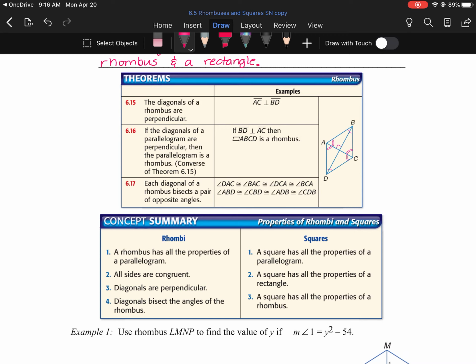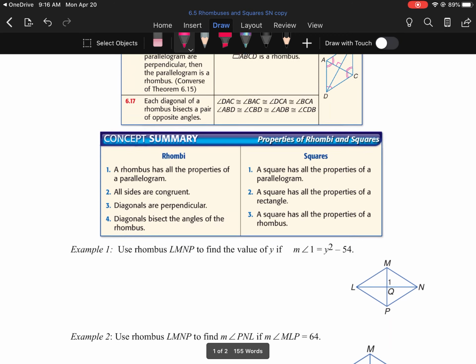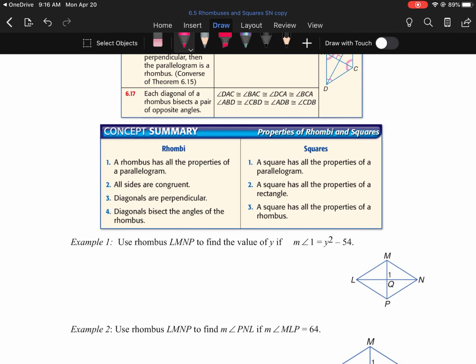This chart is pretty handy because it's telling you some properties about rhombi, which is the plural for rhombus, and squares. So a rhombus has all the properties of a parallelogram. All sides are congruent. Diagonals are perpendicular, and diagonals bisect the angles. So a square has all the properties of a parallelogram, all the properties of a rectangle, and all the properties of a rhombus.